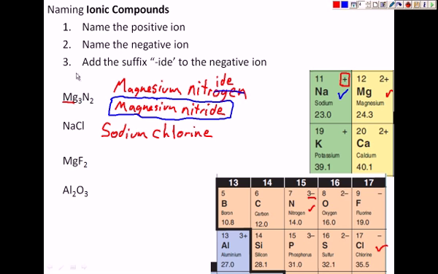And then our final step, we add the suffix "ide" to the negative ion. Again, we have to remove the old suffix and add the new suffix. So our new name for this is now sodium chloride.